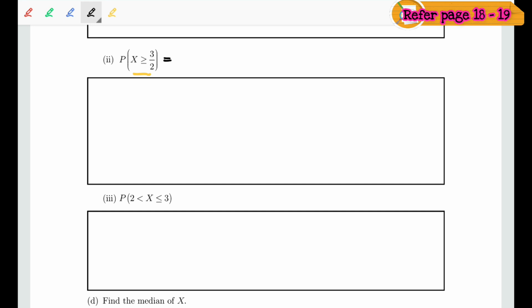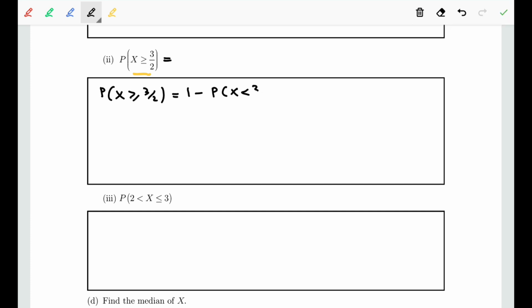Since the question asks for the greater, we can convert it. P(X greater than or equal to 3 over 2) is equivalent to 1 minus P(X less than 3 over 2). You have to convert it in another way which gives you the same meaning.